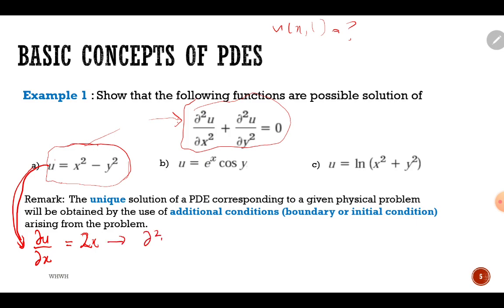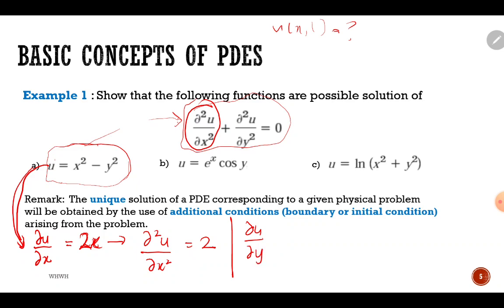Then from here we get del square u over del x square. Differentiate 2x, what do we get? We get 2. Alright, let's have a look at del u over del y.